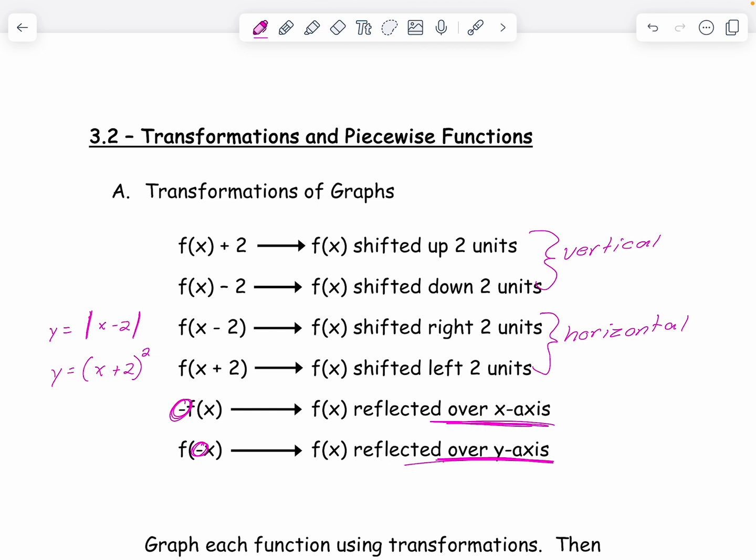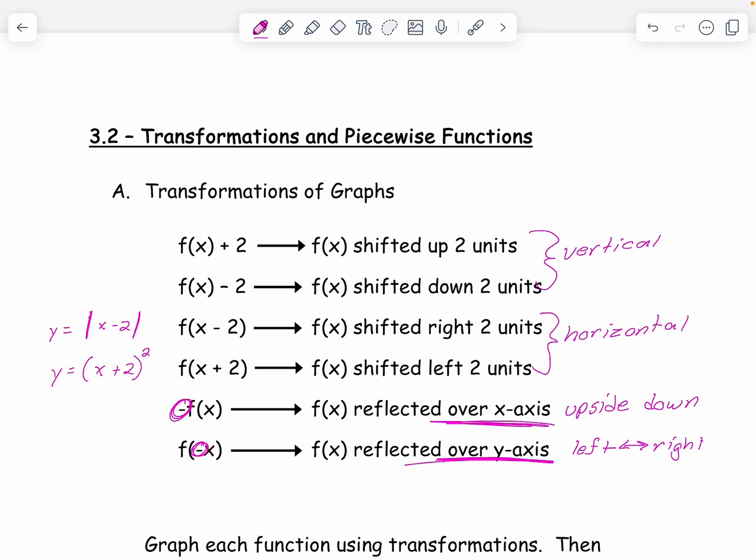So over the x-axis is upside down, and over the y-axis, it is going to reflect or flip left to right. So whatever's on the left side of the y-axis will flip over to the right. Whatever's on the right side of the axis will flip over to the left.